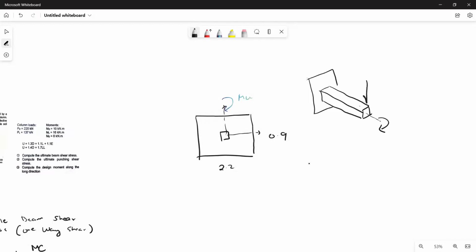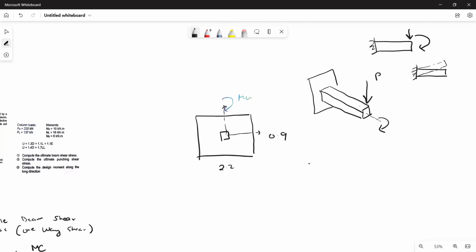Para magkaroon ka ng point load dito, P. May bending ka dito and may P ka dito. Kapag yung bending na yan will cause the cantilever na pupunta dito, tingnan natin if magkokontrahan sila ng load due to P.